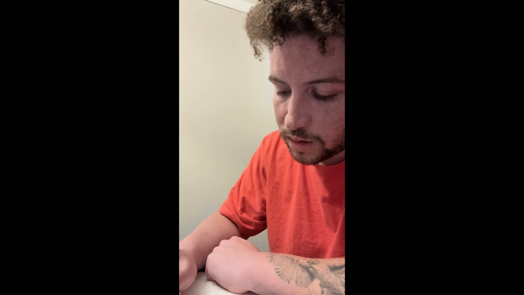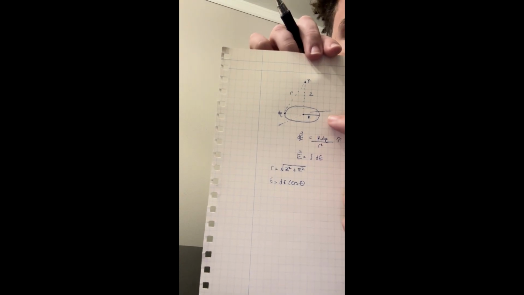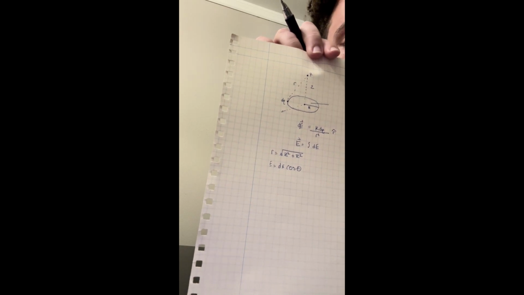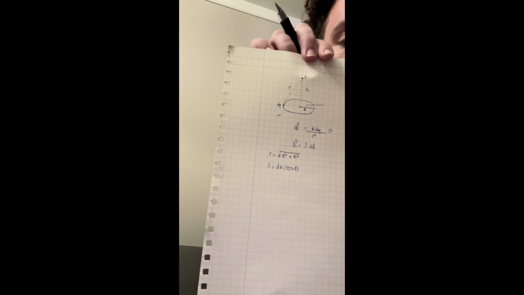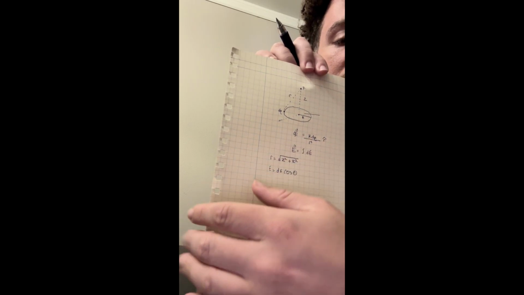So at that point, we can say that E is equal to dE cosine theta, because all we have is the vertical components here. I could have drawn this a little bit better, but the X and Y is how this ring is drawn, and those cancel out, which only leaves our vertical component going up.